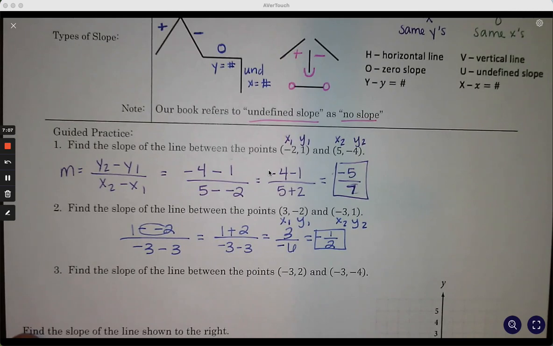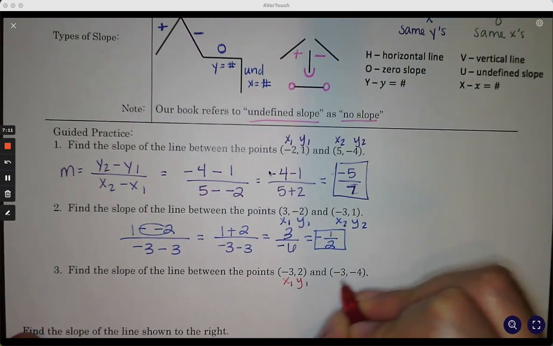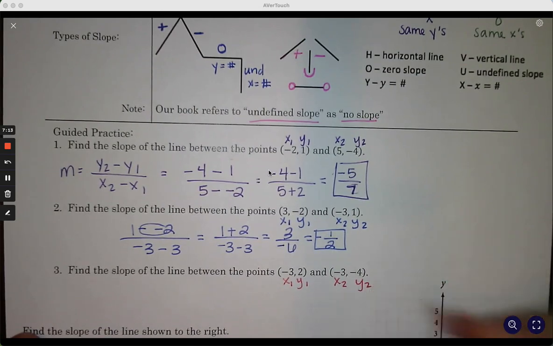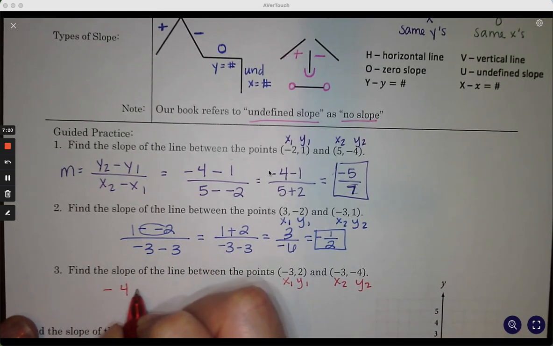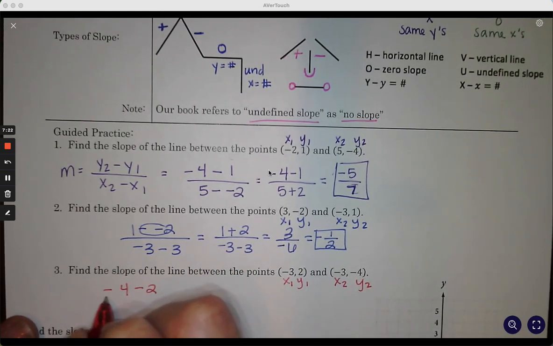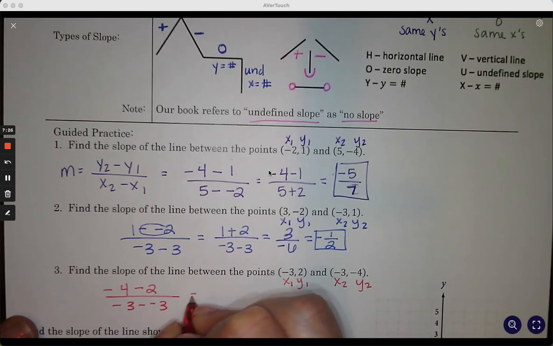Looking at this one, we have x1, y1, x2, y2. So y2, negative 4 minus 2 over negative 3 minus negative 3.